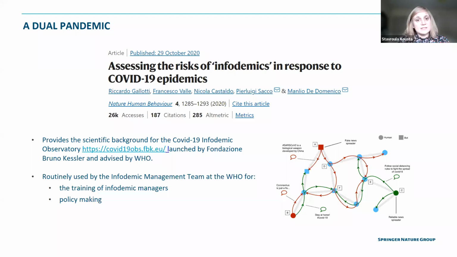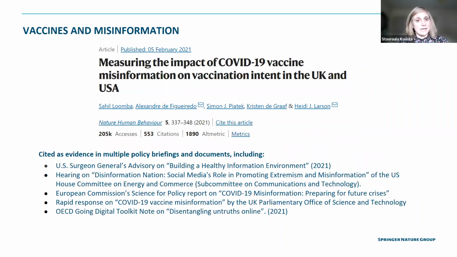This worked as the basis for setting up the COVID-19 Infodemic Observatory. This was launched by Fondazione Bruno Kessler, and it was advised by the WHO. This observatory provides almost real-time infodemic risk information worldwide, and it is also used routinely by the infodemic management team at the WHO to train infodemic managers, as well as in policymaking.